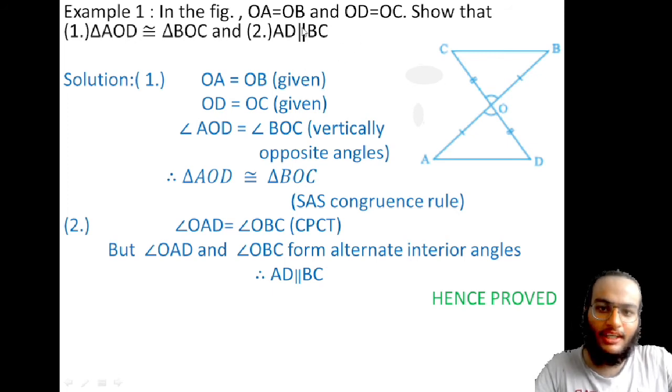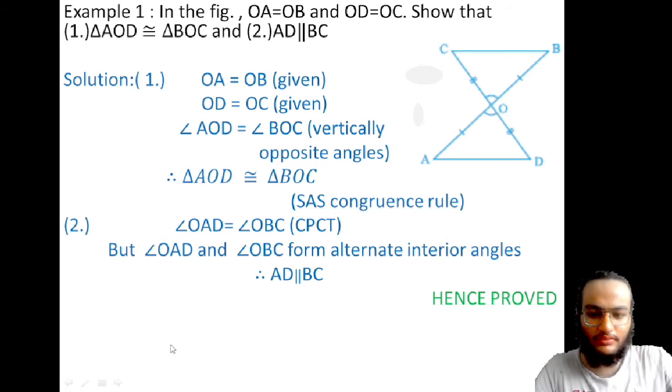So when can we prove that two lines are parallel? If the alternate interior angles formed by the transversal are equal. So angle CBO, or rather we say OBC, should be equal to OAD, right?